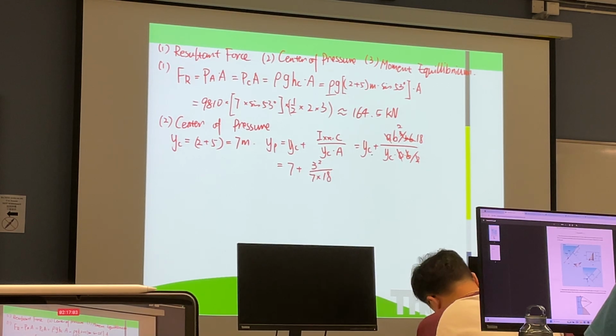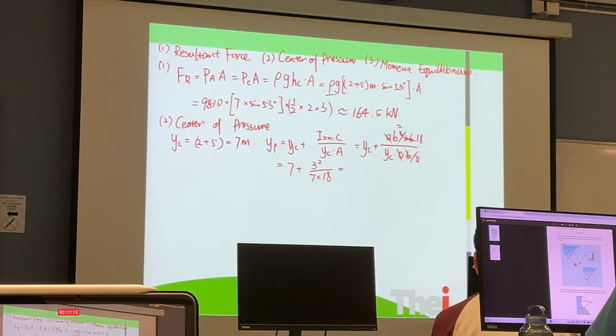So the result is determined to be 7.071 meter from the surface.